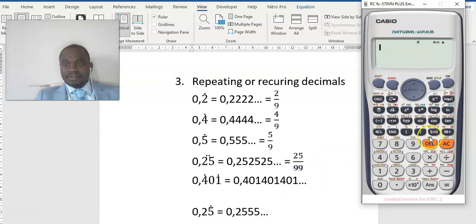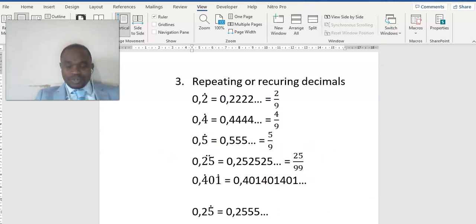If I check this on my calculator, I'm going to get 25 over 99. If I press this, I'm going to get what? 0,25252525, which is this. Are we together? Good.